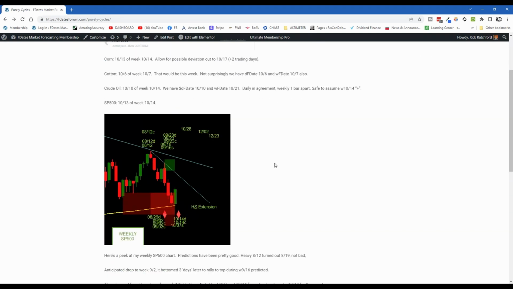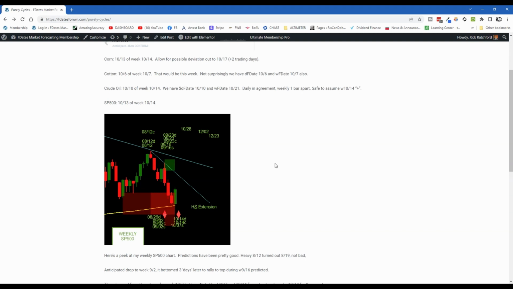So anyway, cycle analysis is not the same as the F dates that I use for forecasting market turns. They're both methods for forecasting market turns, so you can use them in conjunction with each other, of course.